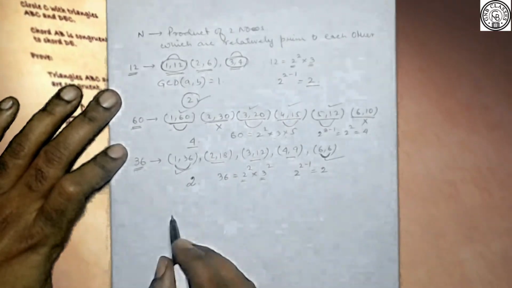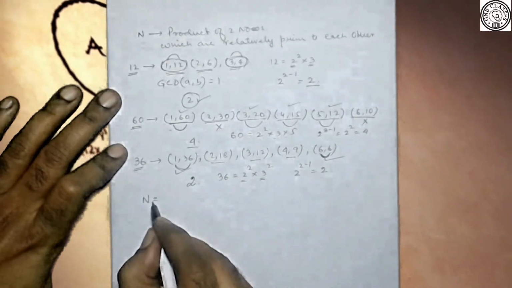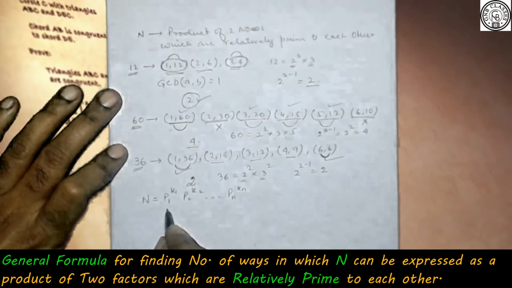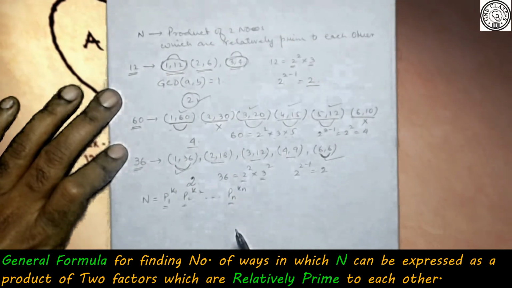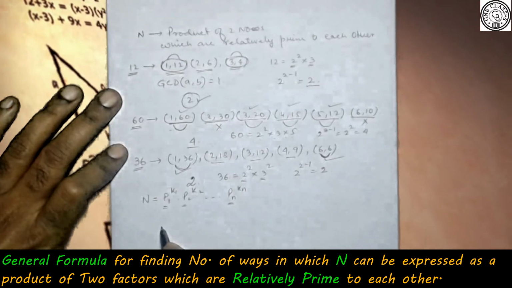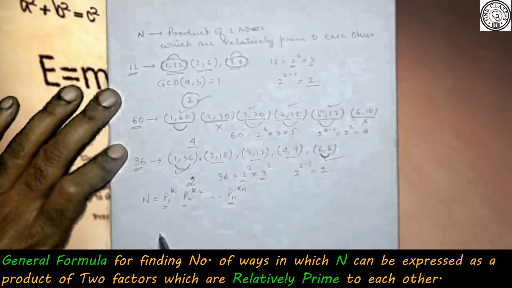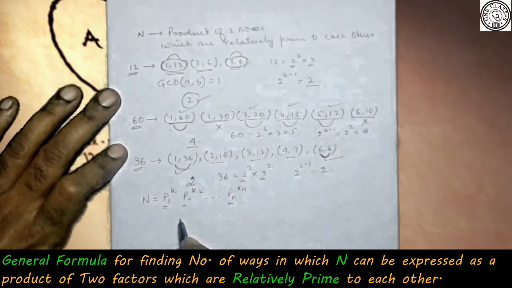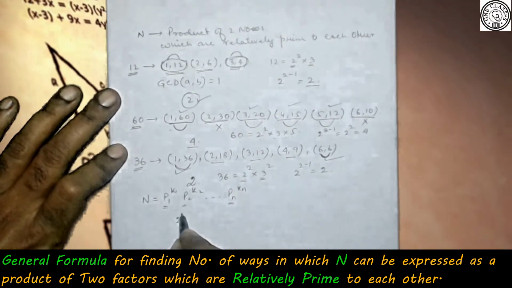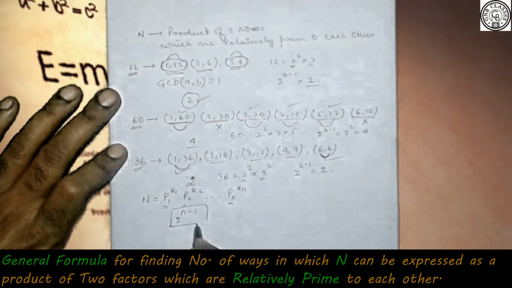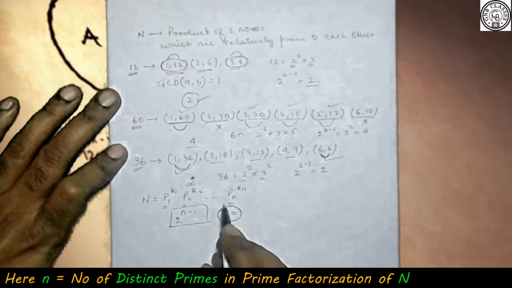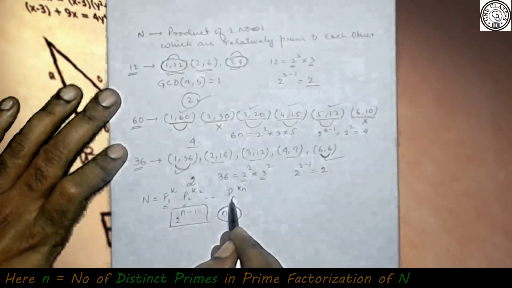So the formula we can establish is that when n is expressed as a product of primes, and if there are n distinct primes, then the total number of ways in which it can be expressed as a product of two co-prime numbers will be 2 to the power n minus 1. Again I am mentioning here, n is nothing but the number of distinct primes.